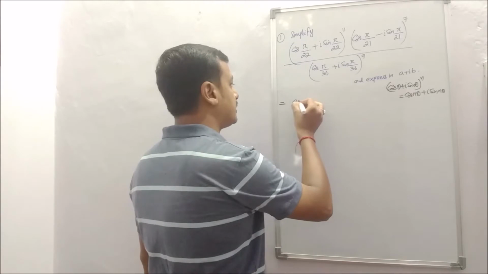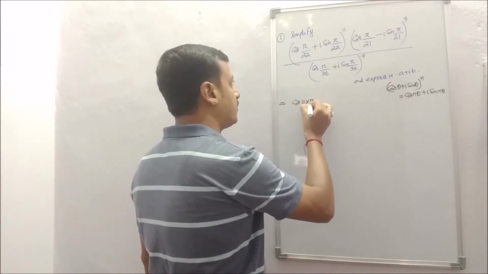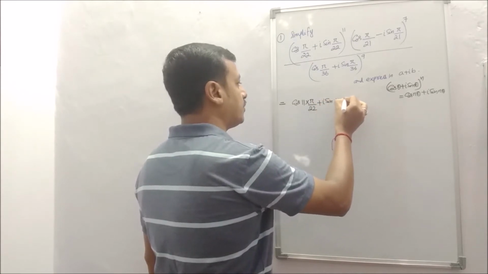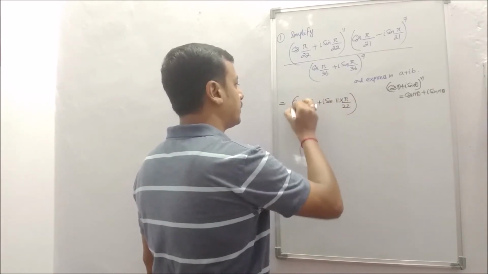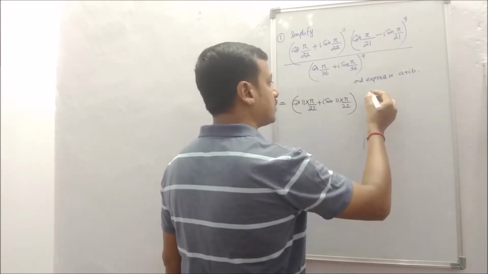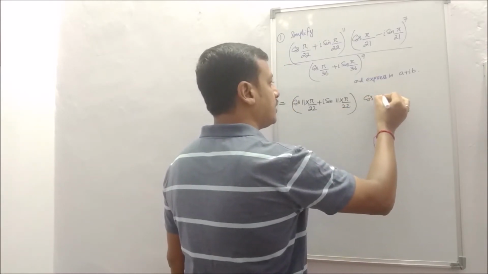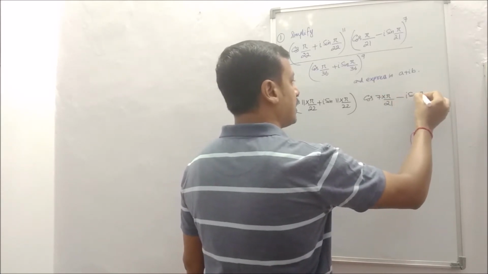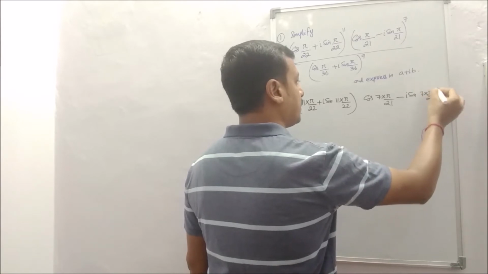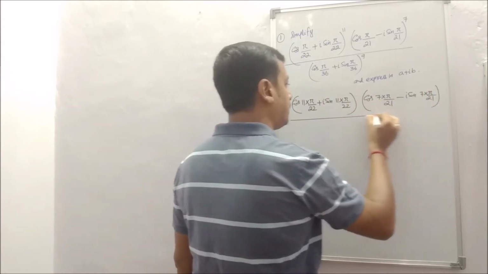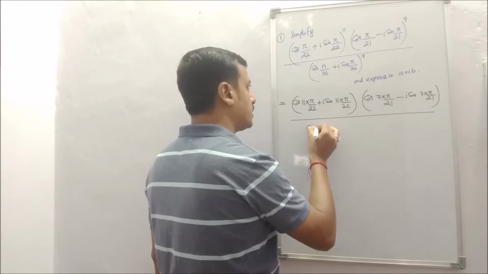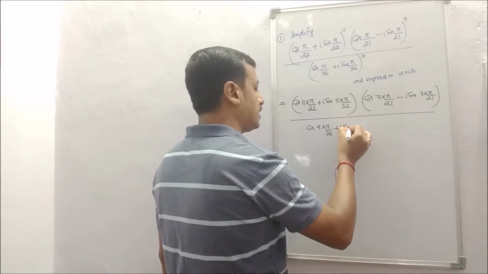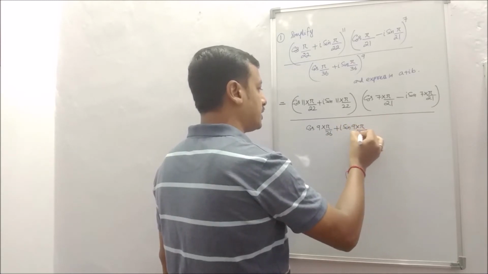So here it is cos 11·π/22 + i sin 11·π/22, next is cos 7·π/21 − i sin 7·π/21, divided by cos 9·π/36 + i sin 9·π/36.